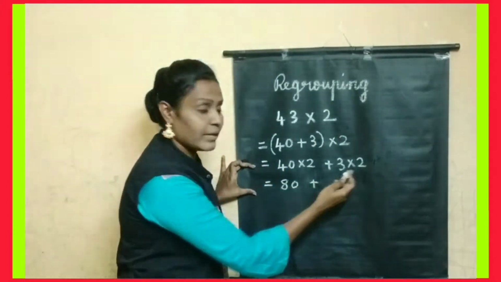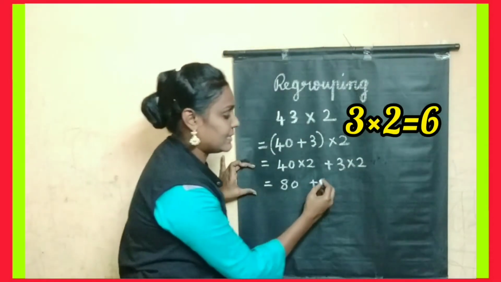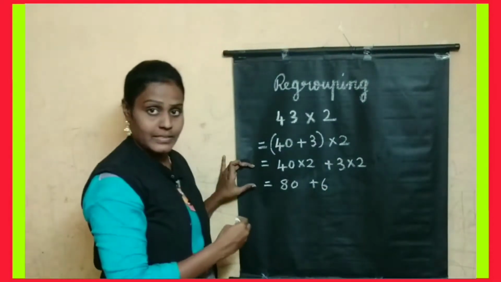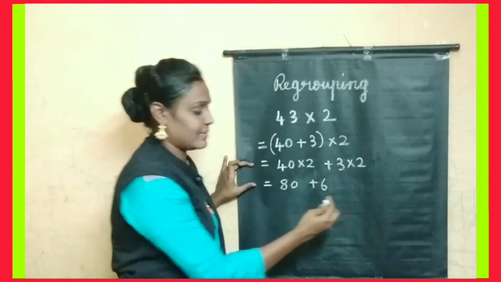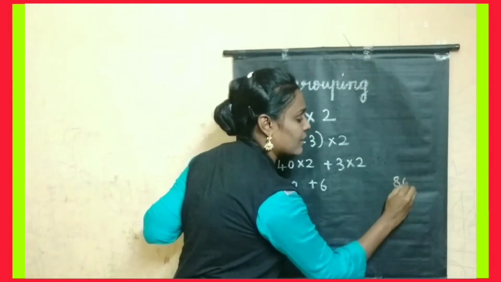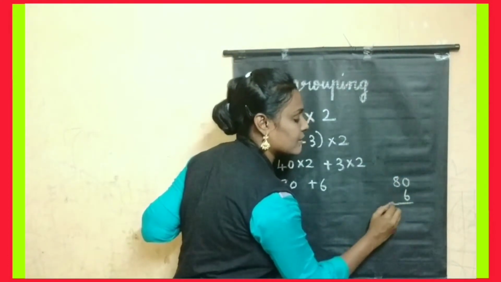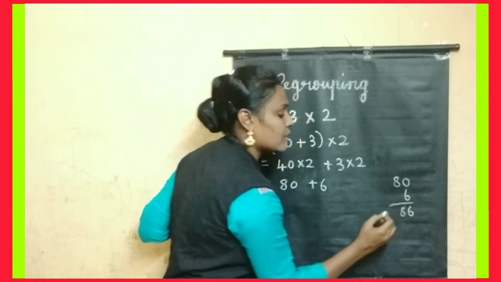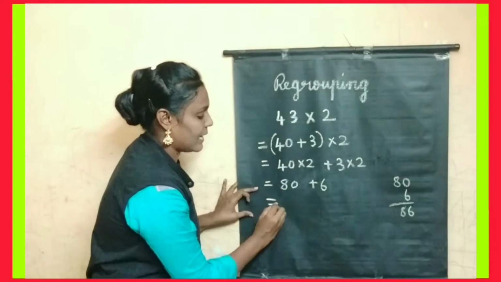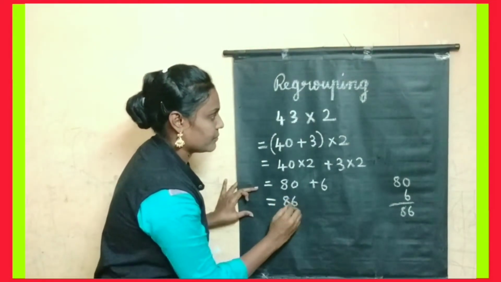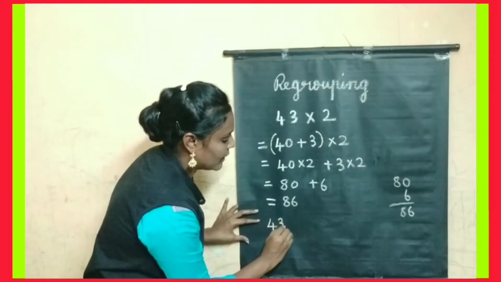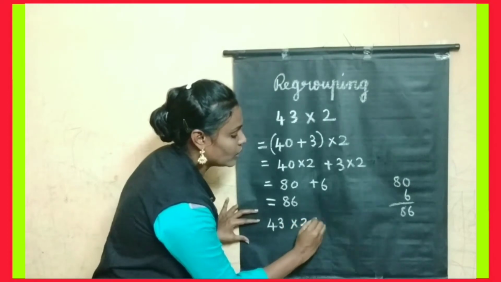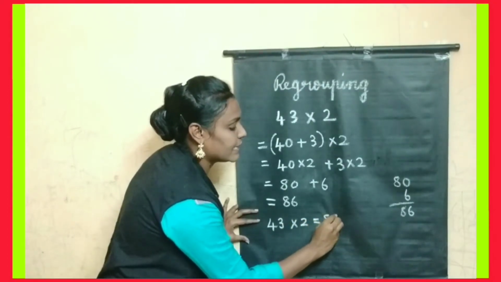Plus 3 twos are 6. Next step, we have to add this. 80 plus 6. 0 plus 6, 6 and then 8. So the answer is 86. 43 multiplied by 2 equal to 86.